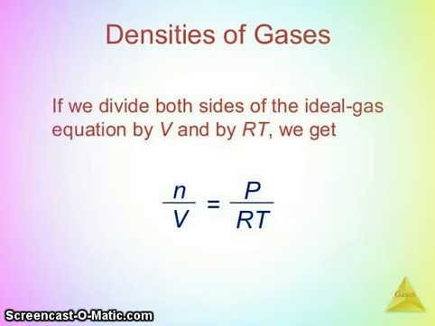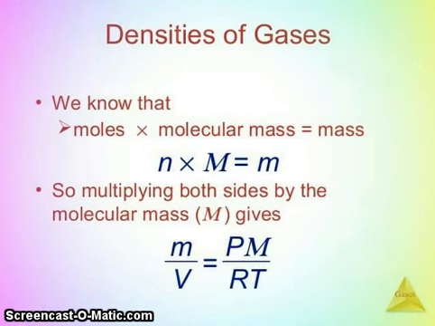Densities of gases. If we divide both sides of the ideal gas equation by volume and by RT, we get n by V equals P by RT. We know that moles into molecular mass is equal to mass, n into capital M is equal to m.